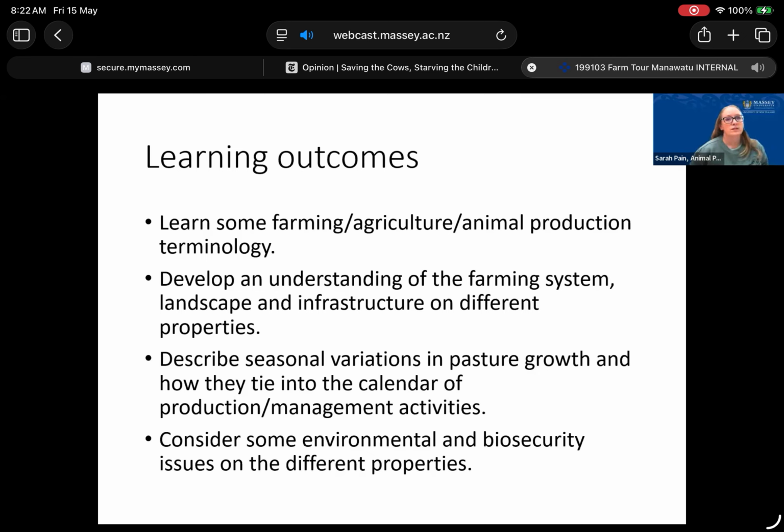And for New Zealand, I suppose there's some landscape features as well that are fairly characteristic of dairy farms, and there's landscape features that are fairly characteristic of sheep farms.